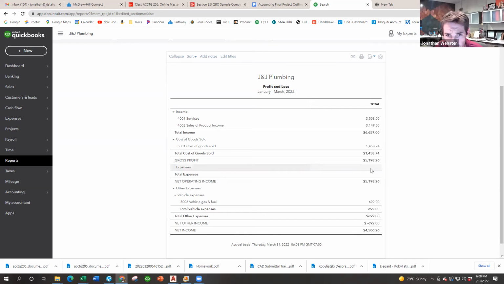Another good point about P&L is that we can see a lot of times our gross profit and then our net income. So cost of goods sold, this is actual expenses from our products, and the rest is going to kind of be overhead or operating stuff. So it's good to distinguish between those two because it helps us make decisions on if we need to trim up management fees or something like that.